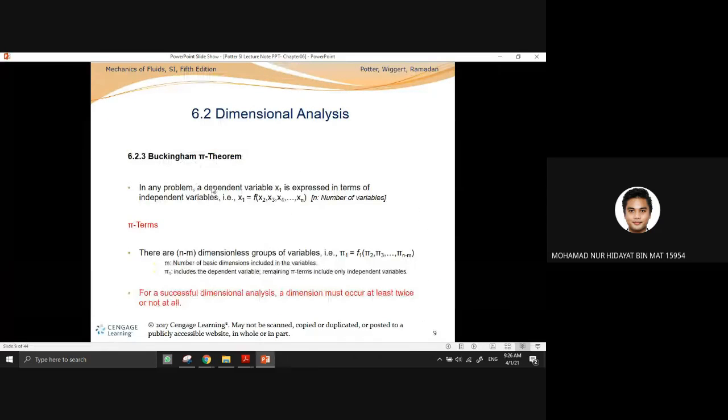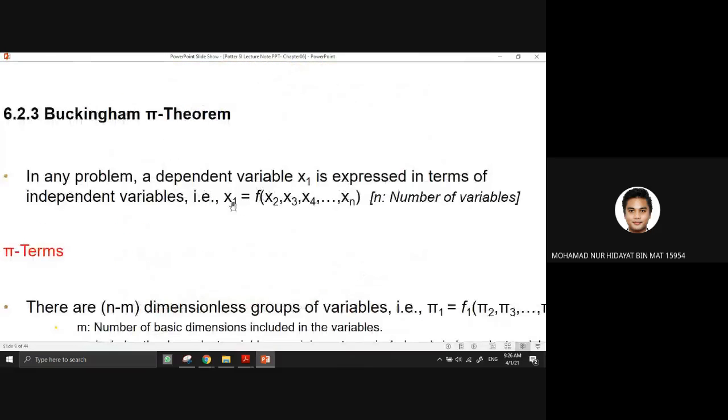Okay, so previously we learned in the tutorial how to solve the Buckingham pi theorem. In this lecture, I would like to recap. Normally, here you can see x1 is how we write the equation. I believe that throughout your life you have seen this in many equations.